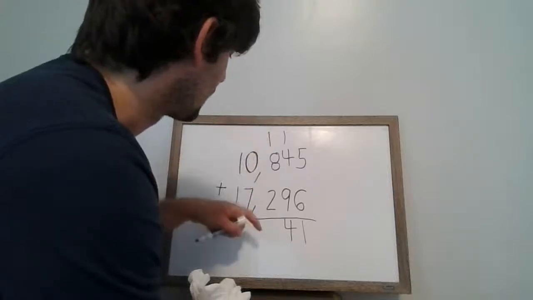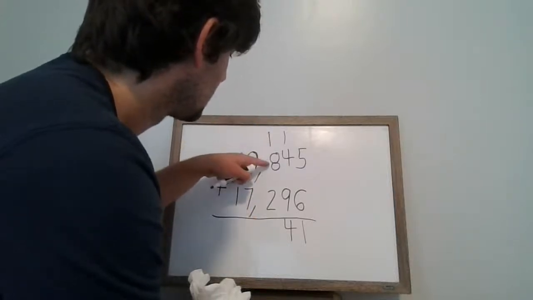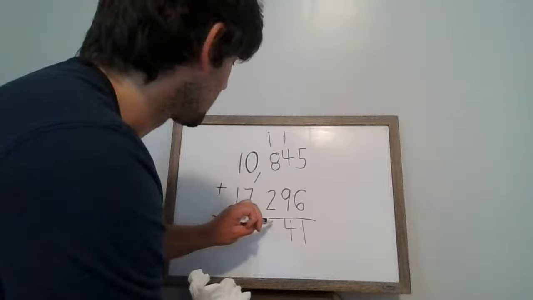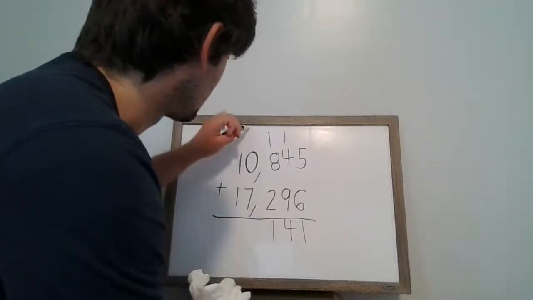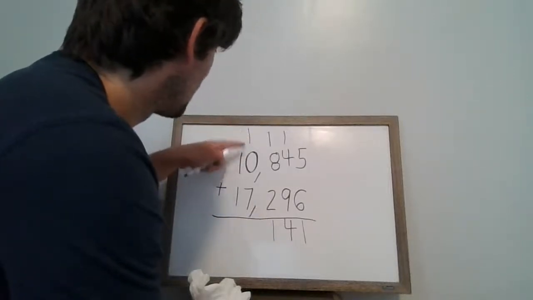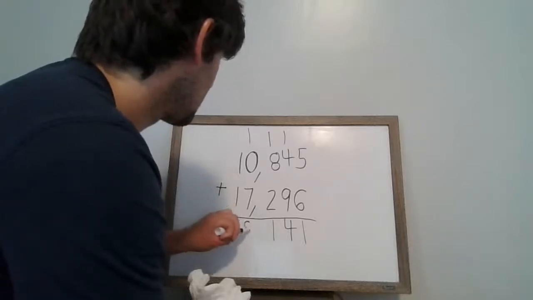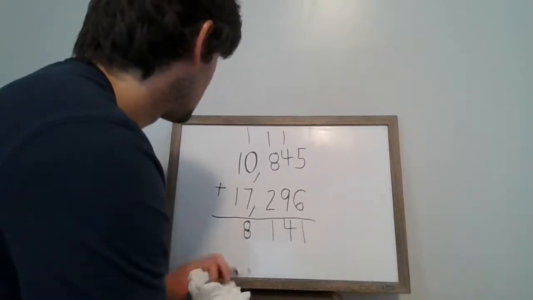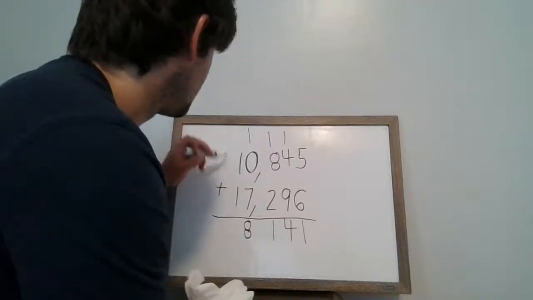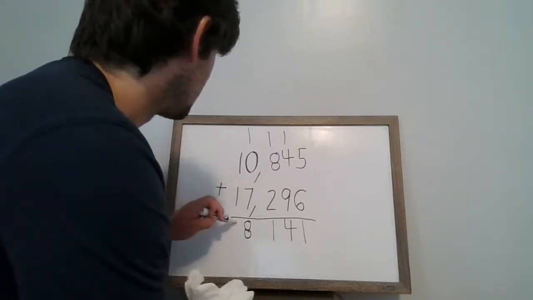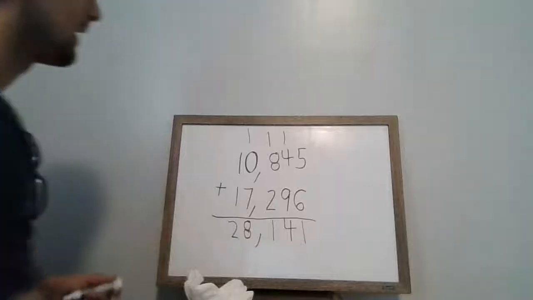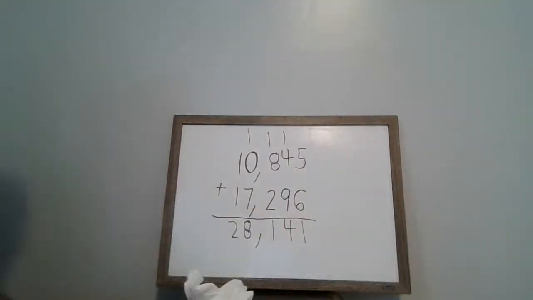I'm going to carry the 1 over to the hundreds place. 9 plus 2 is 11. So again, I'm going to put a 1 in the hundreds place, carry the 1 over to the thousands place. 1 plus 0 plus 7 is 8. 1 plus 1 is 2. So our answer is 28,141.